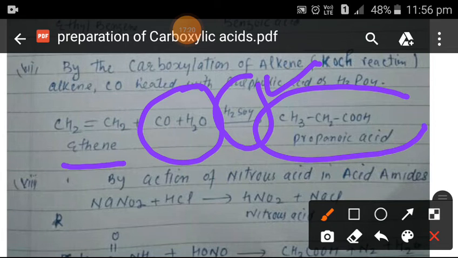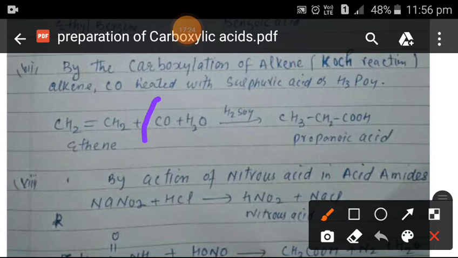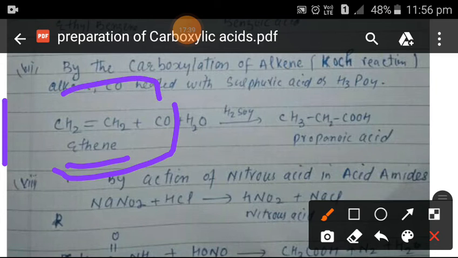Clear? So carboxylation means addition, actually carbon monoxide gets added here, that's why it's called carboxylation. So by carboxylation of ethene, the carbon monoxide and ethene are passed through steam in the presence of H2SO4, it gives propionic acid.